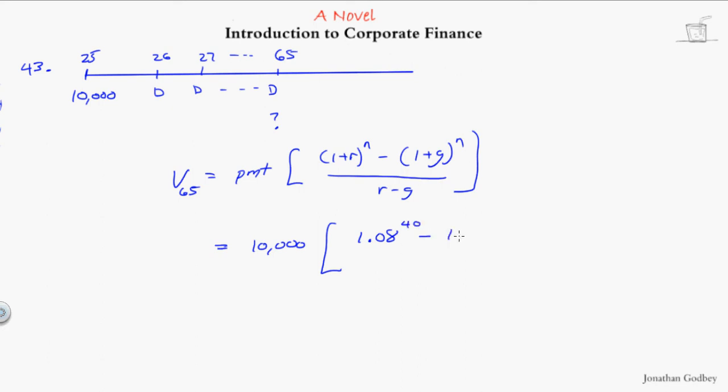Minus, and it's growing at 3%, 1.03 to the 40th. All this over 0.08 minus 0.03. So this is equal to $4,020,516.86. Okay, so that's a good stopping place.